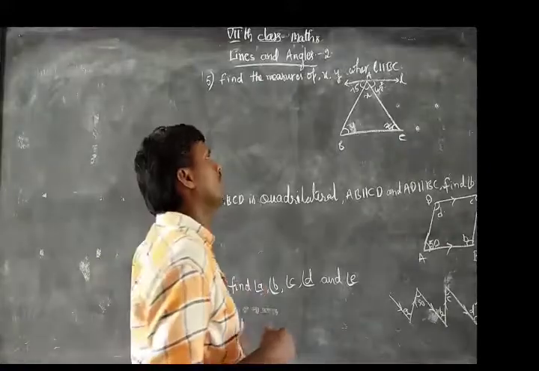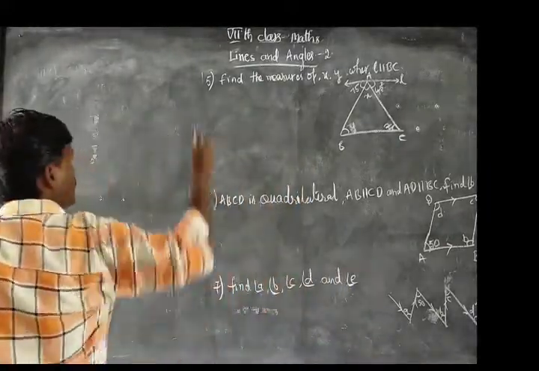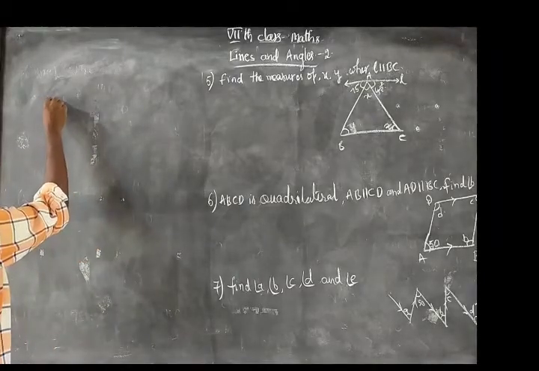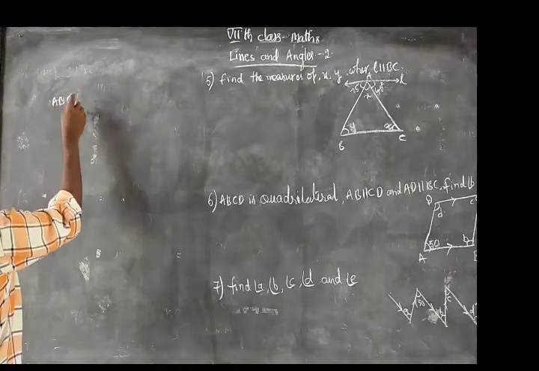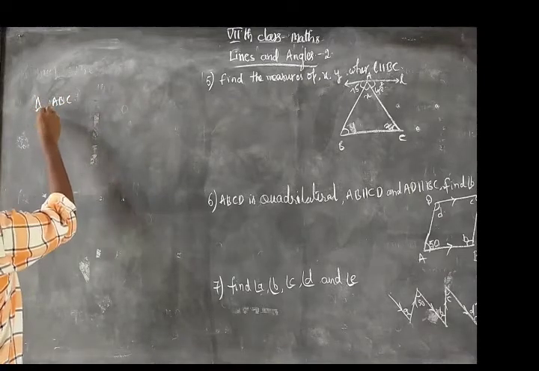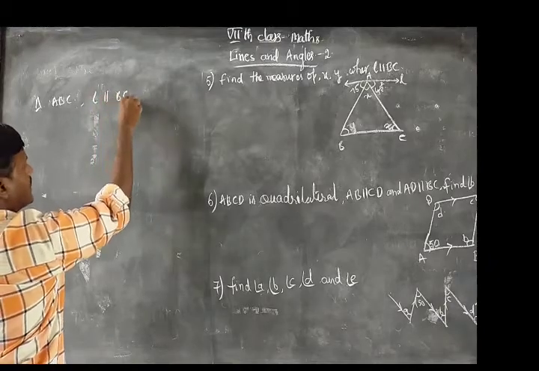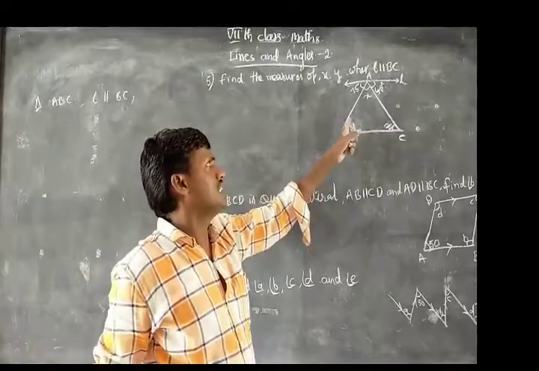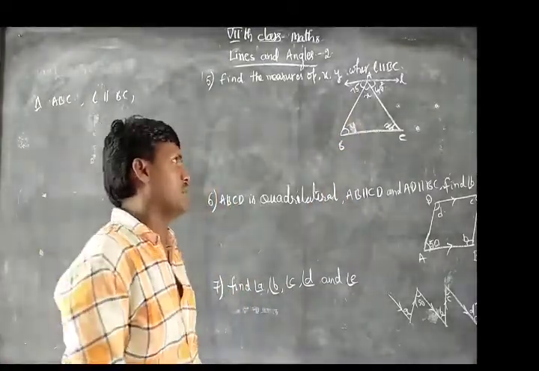Then again, applying that, what is given? ABC is a triangle, and L is parallel to BC, and again we can take L equal to 75. Why is it 75?